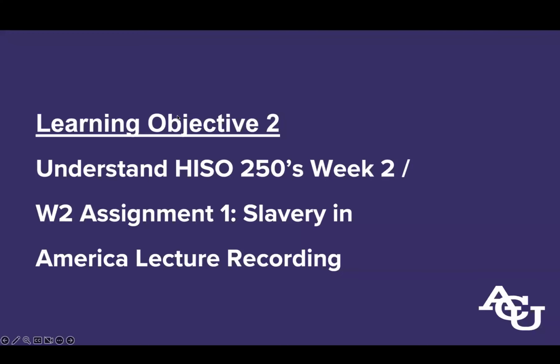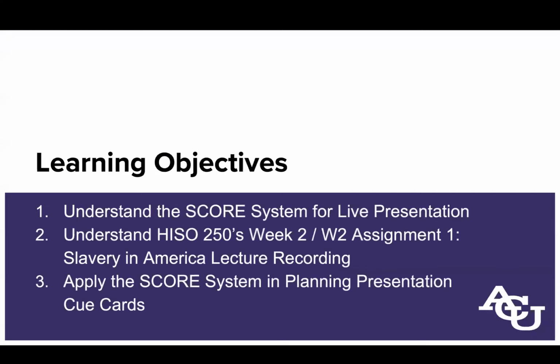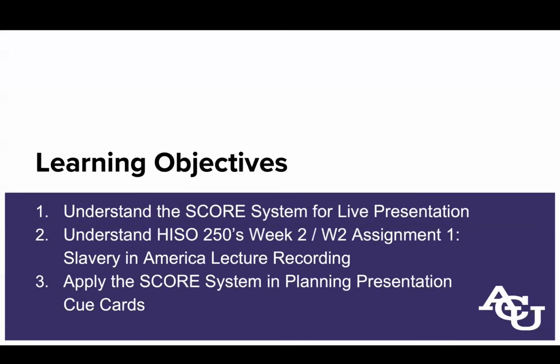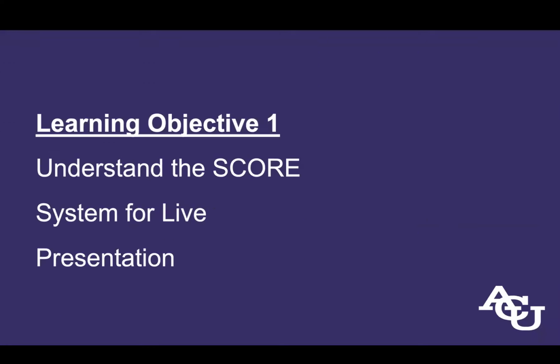Now, if you're joining us now, don't worry, we have been talking through the SCORE system for live presentation, which is just this mnemonic: keep it simple, make your messages clear, make it original, keep it related or relevant to your audience, and make sure it is enjoyable for them. And so our next step, our second learning objective here, is we're going to look at this assignment for HISO 250 and talk about some of the things that it suggests might be helpful when applying the SCORE system for this presentation.